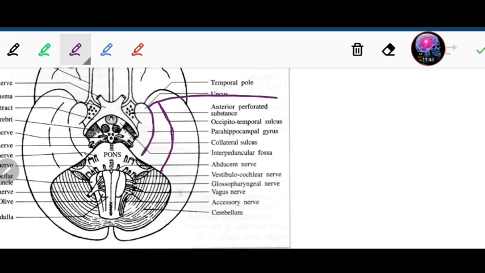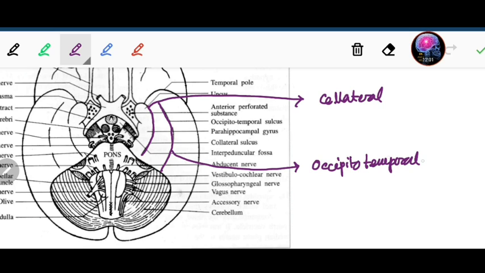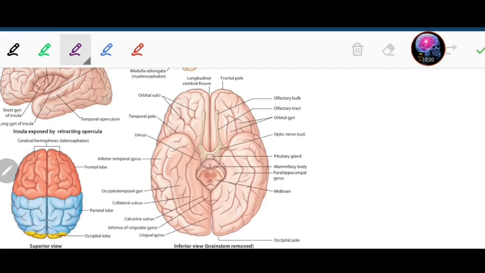The medial one is called the collateral sulcus, and the lateral one is the occipito-temporal sulcus. These are the two anteroposteriorly oriented sulci on the inferior surface.